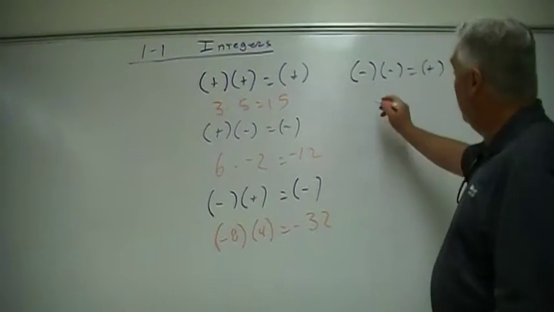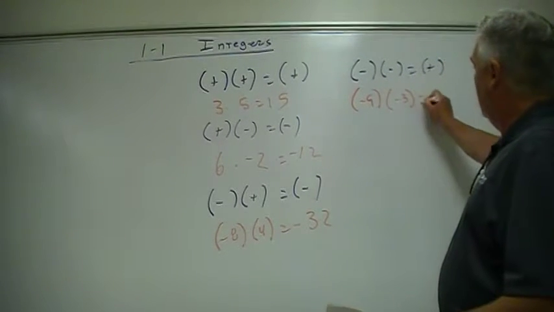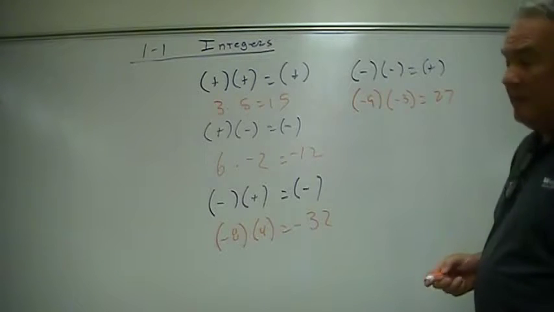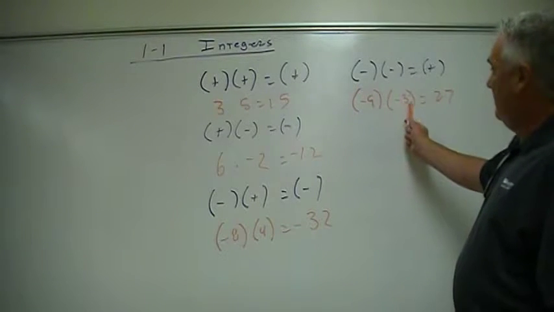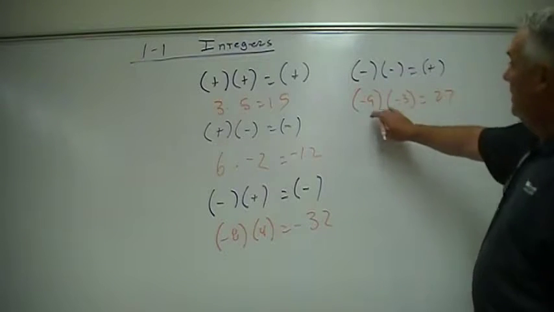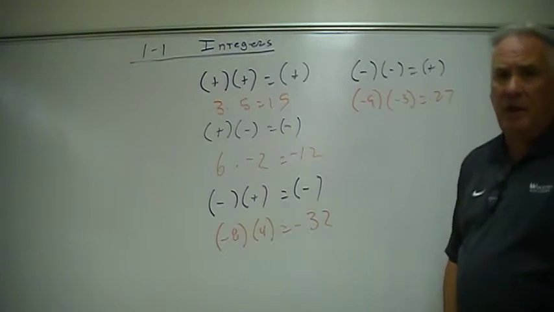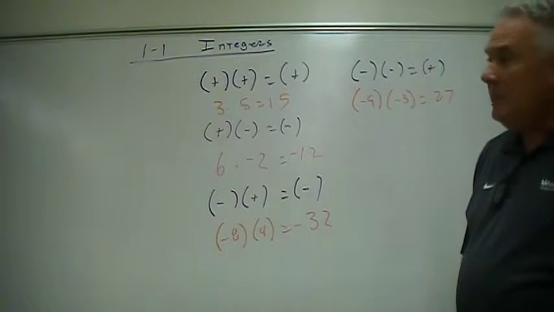And so the example I have is negative 9 times negative 3 is positive 27. Do the multiplication. 3 times 9 is 27. Oh, negative times negative means it's going to be positive. That's the thought process that we do.